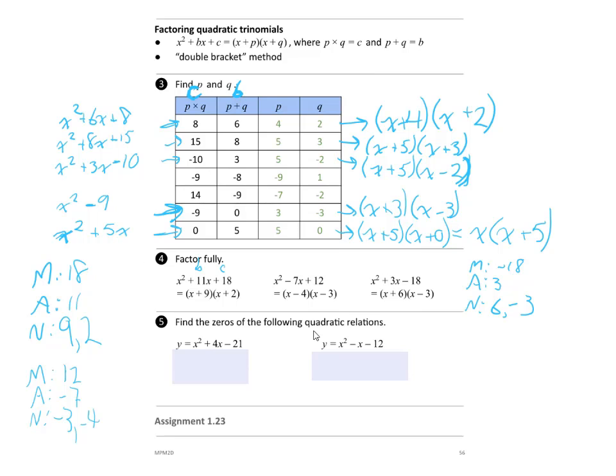Next, we have find the zeros of the quadratic relations. The same idea, exact same stuff. Factor first, and then it's the opposite sign of the p or q, and I'll kind of explain how to do that. First, let's factor. What multiplies to negative 21 and adds to positive 4? If it multiplies to negative 21, adds to 4, what are our numbers?